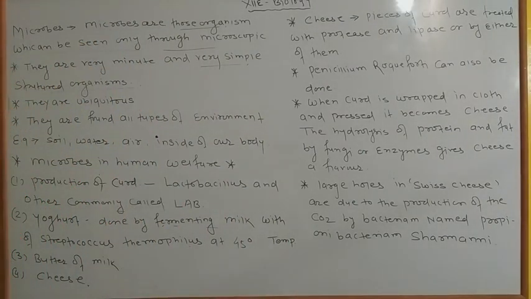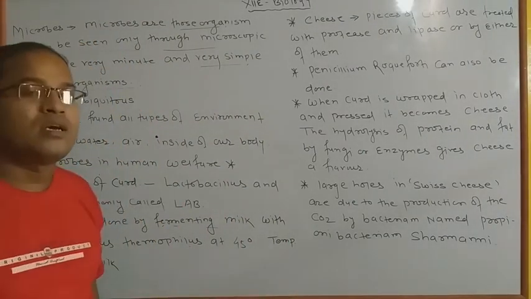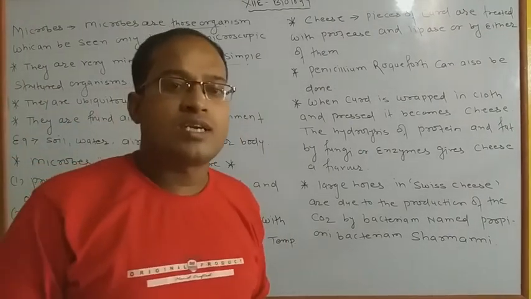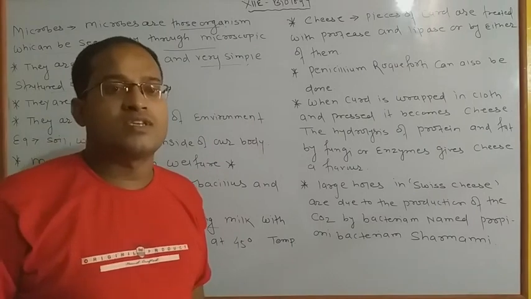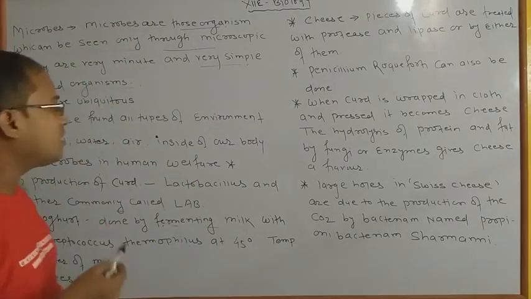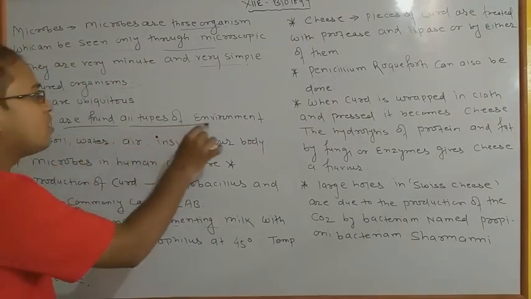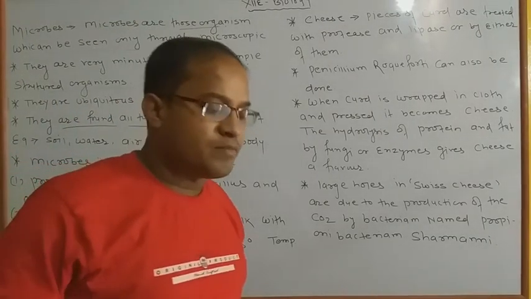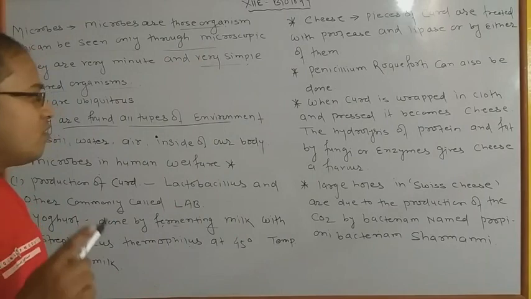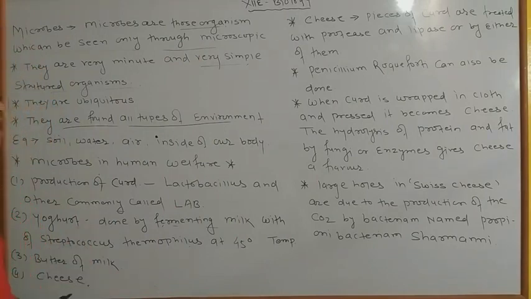Coming to the next important point, microbes are generally ubiquitous organisms. Ubiquitous means omnipresent, which can be found anywhere. They are found in all types of environment. They don't need any special environment to regulate their metabolic activity.